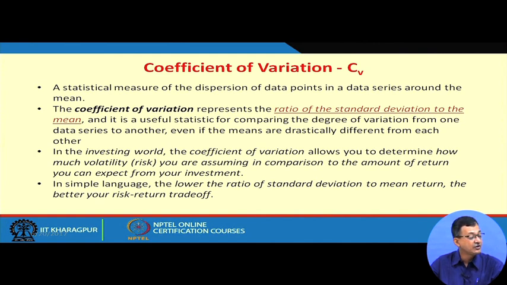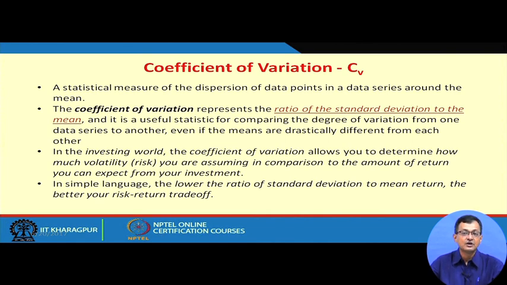The coefficient of variation is represented by the ratio of the standard deviation to the mean. So it is sigma by mu, standard deviation by mean, and it is a useful statistic for comparing the degree of variation from one data series to another.